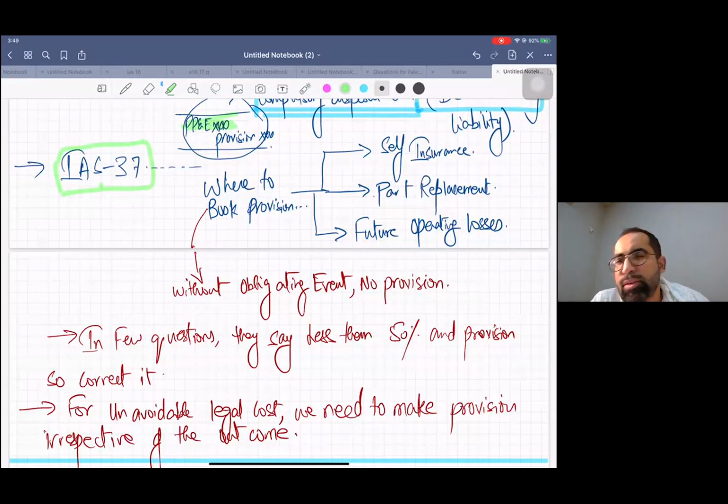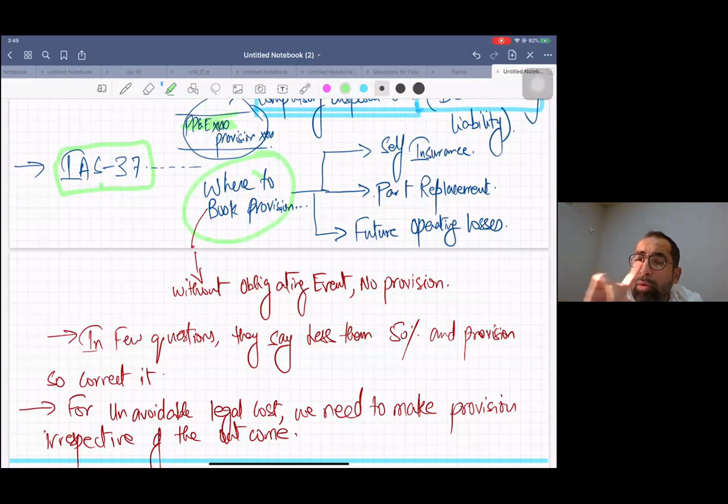Okay. So the interest expense goes to the income statement, finance cost. And the amount is added to the opening balance of the provision. Okay. Now in IAS 37, I have seen in the recent past papers that they ask these areas.